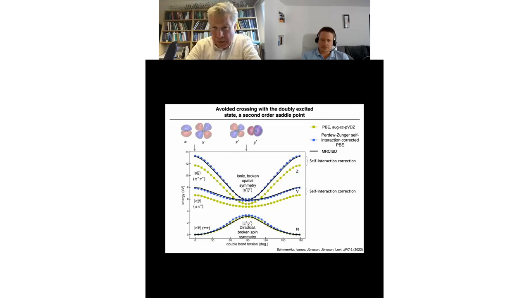You can see here that without the self-interaction correction, we get these greenish dots. With the self-interaction correction, we get the blue dots, and the black solid curve is the multi-reference result. So these are absolutely mind-blowingly good results from a single reference calculation.